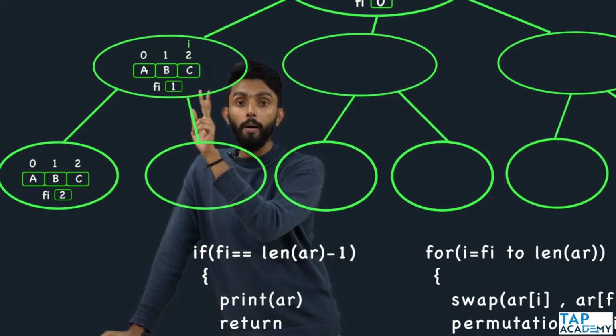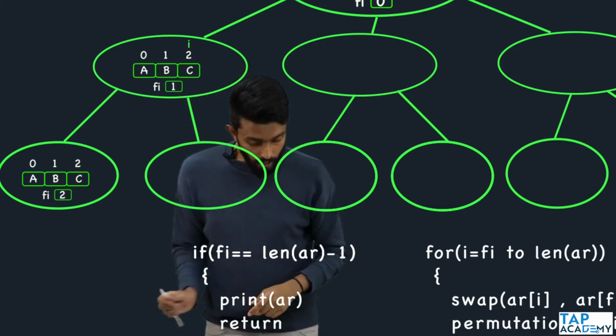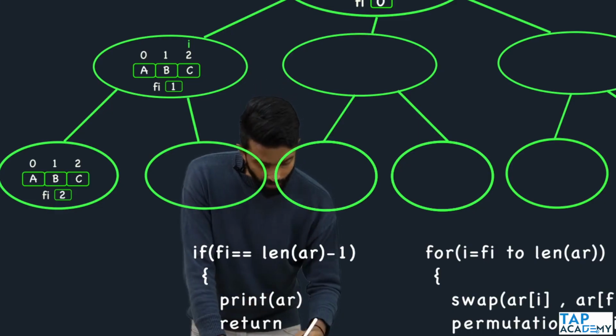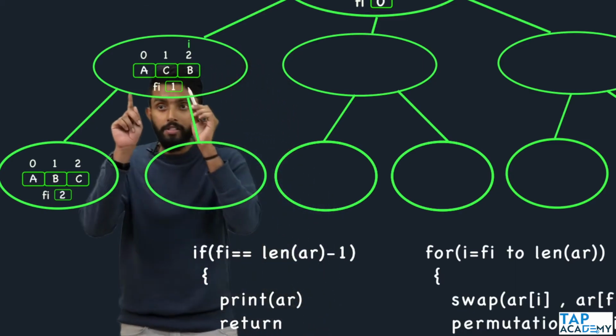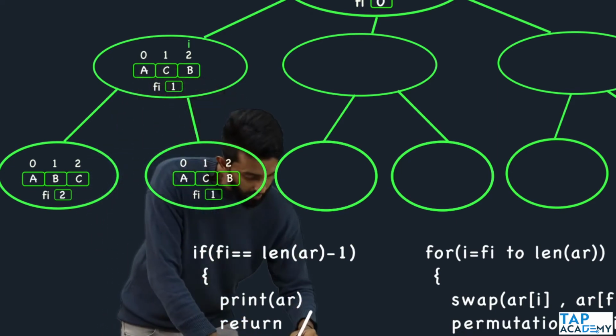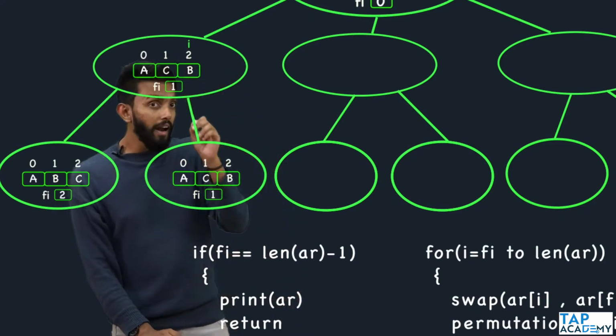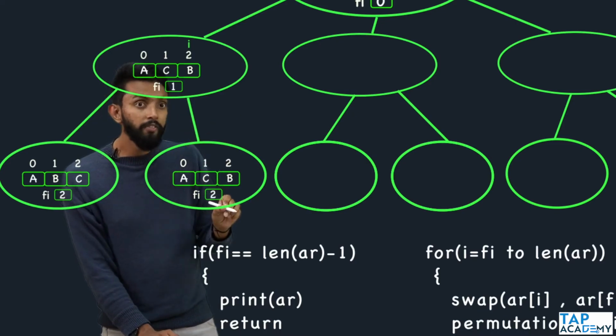If I swap, look here. It is the same array. Swapping happens. Naturally this B and C will get swapped like this. And it is the same array which you are going to recursively send, which means you are going to have A, C, B here. And fi value will be incremented and sent, fi will become 2.